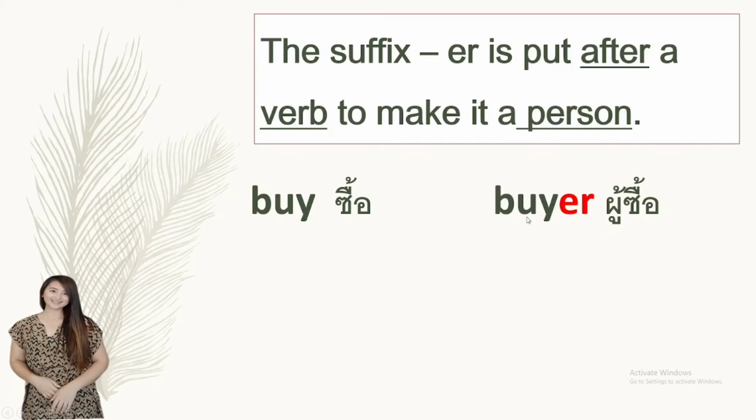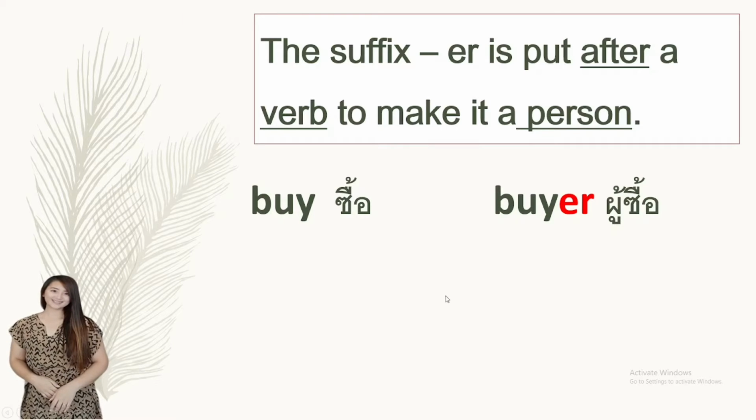So for example, buy plus ER, it will be buyer. And now it becomes a person. What does it mean? ผู้ซื้อ. So this one is a verb, and after putting ER, it now becomes a person, buyer.